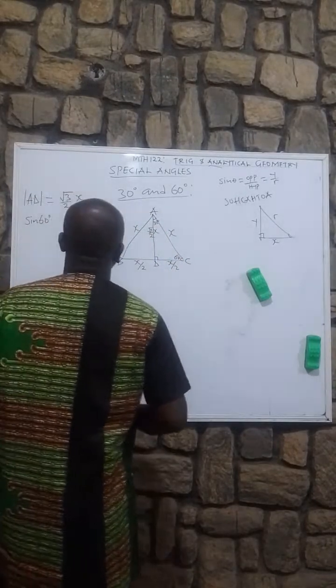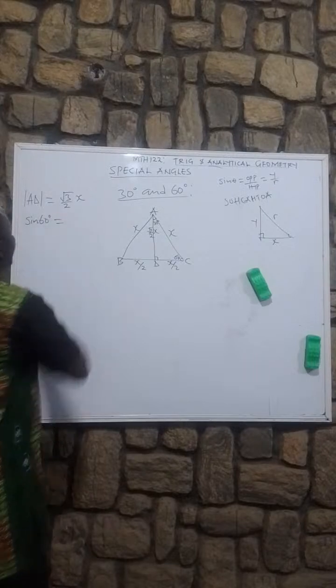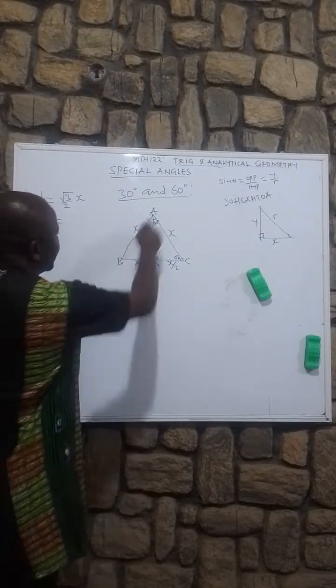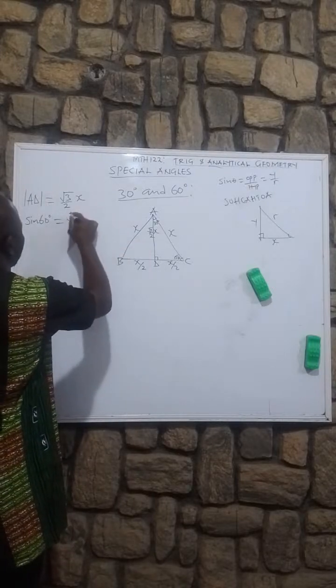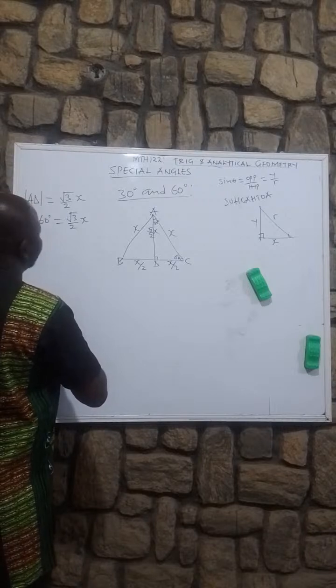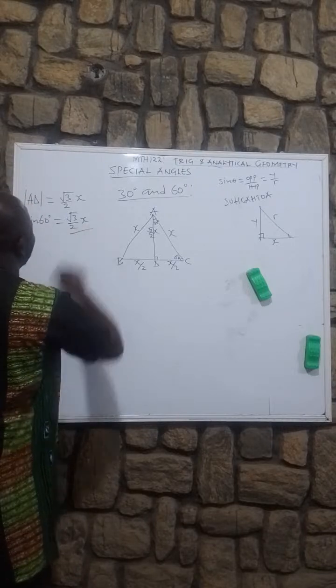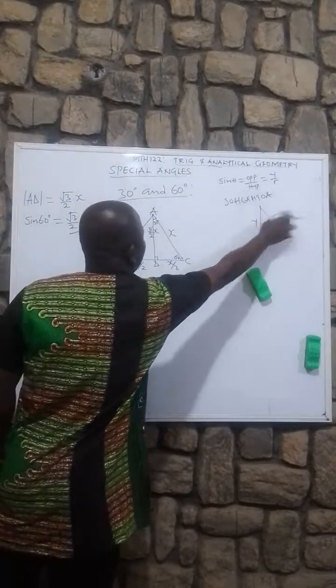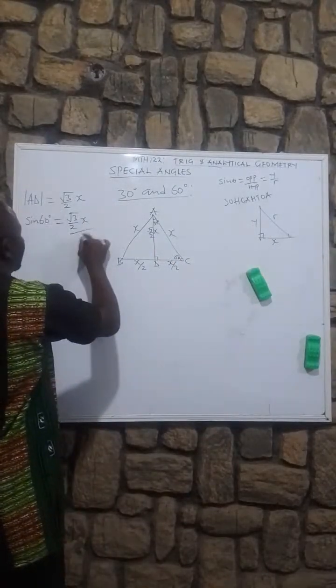So now sine 60 degree is opposite. This is our opposite, that is root 3 all over 2x. Then, all over what? R, this is your x. This is x.